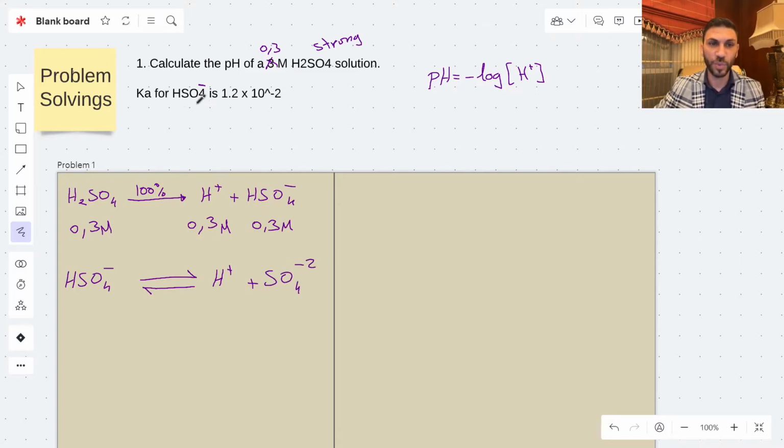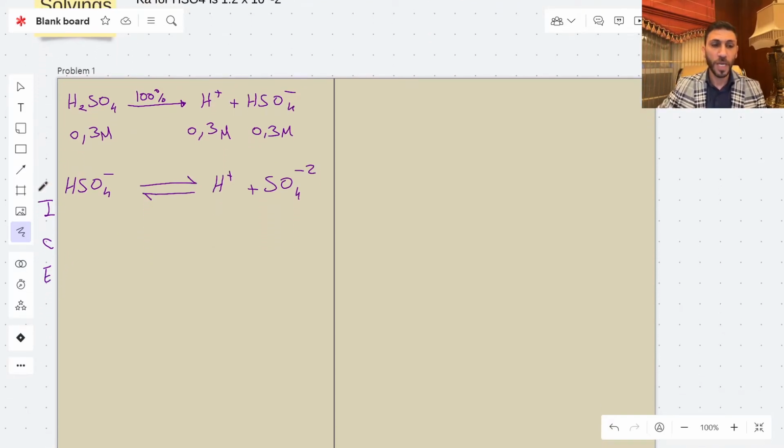And in this case, we have a Ka for this step. Now, we need to use the ICE table, just like what we did for any weak acid. Using the ICE table, what is the initial concentration of HSO4-? It's right here. It came from the strong acid. So this is the initial now.